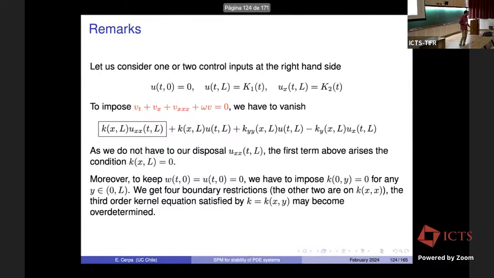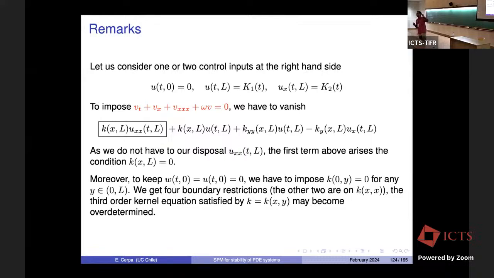Let me make some comments about what happens if you want to apply this method when you put some control not on the left-hand side of your interval, but on the right-hand side. On the right-hand side you have two boundary controls.